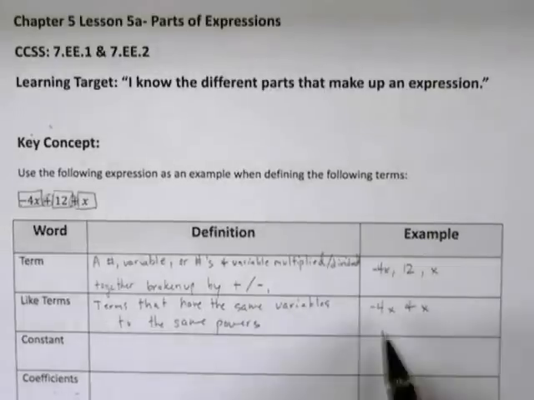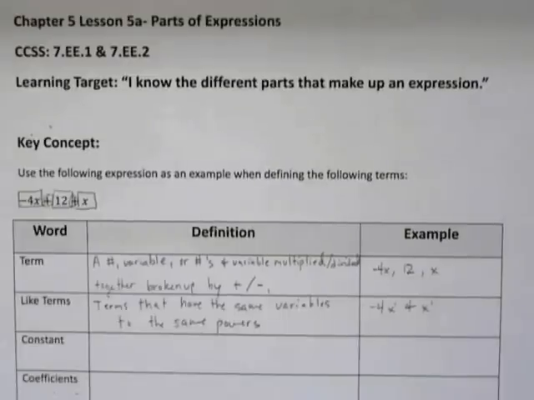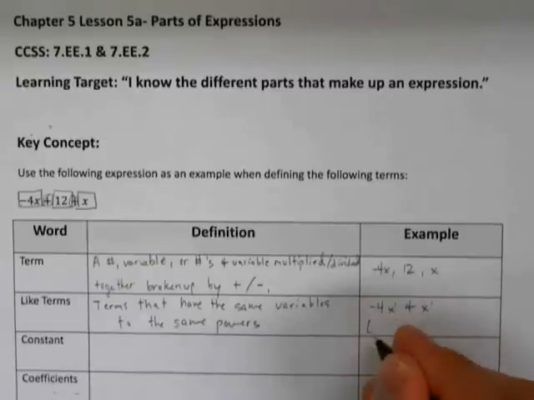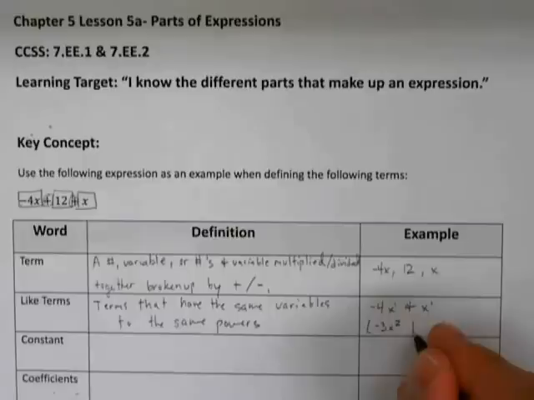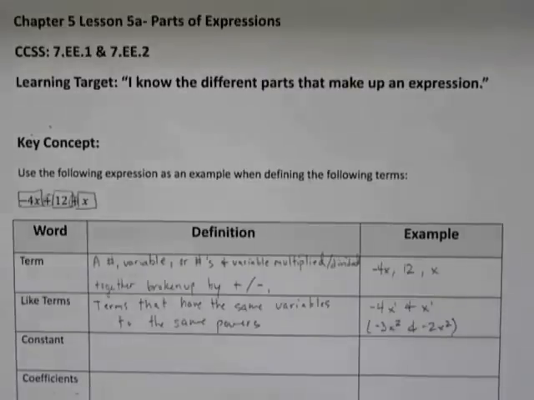They're the same variable x, and they're both to the exponent of 1. We just don't write the 1 there because nothing changes. As a side example, this could also look like negative 3x squared and negative 2x squared. They have the same variable x, and they're both x to the second power. Those are like terms.